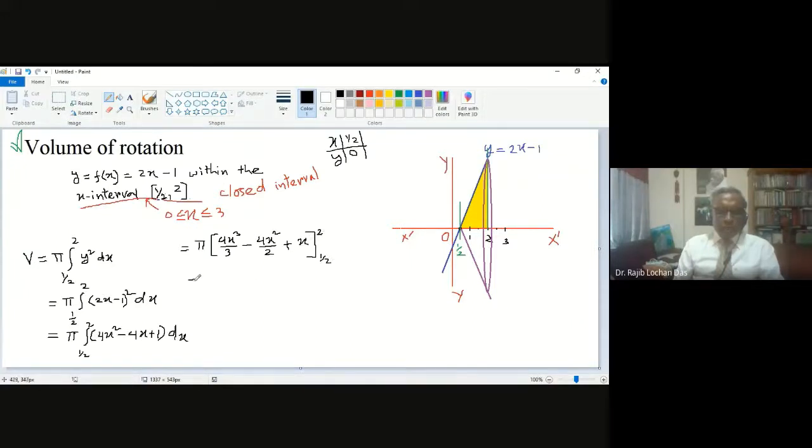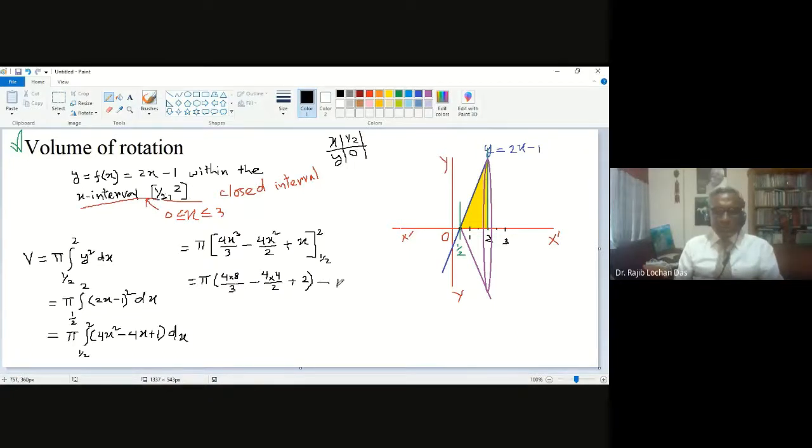Now you put the values. The first value is 2. So you write here 4 into 8 divided by 3, minus 4 into 2 square, that is 4 divided by 2, and then plus 2. So I am putting 2 for everything.